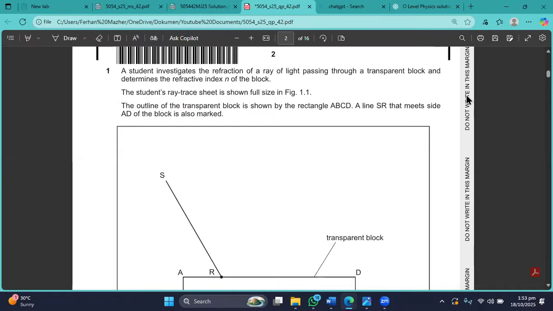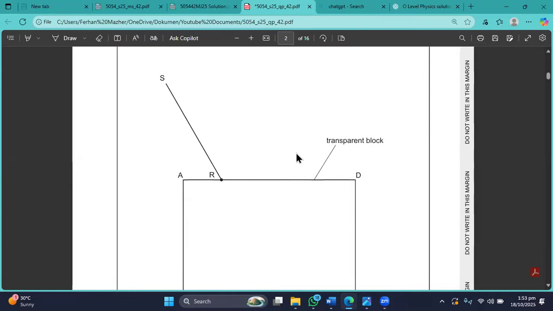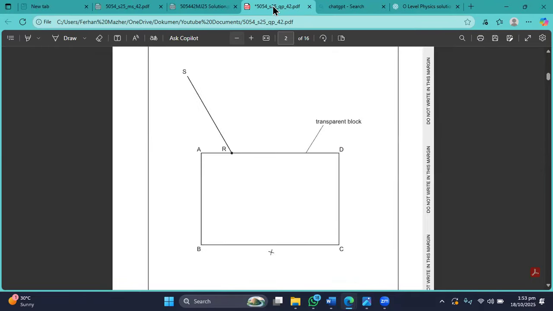The outline of the transparent block is shown by the rectangle ABCD. A line SR that meets side AD of the block is also marked. Okay. So here you have that sheet.